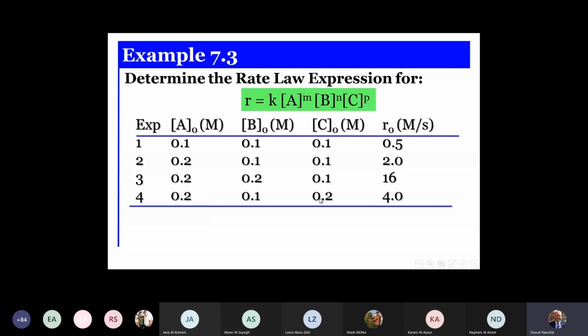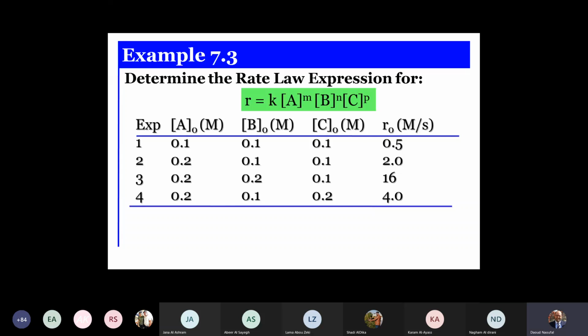In the four experiments, each student should obtain a set of data, a table t, A(t), B(t), C(t), RA(t), RB(t), RC(t), and the rate of the reaction.